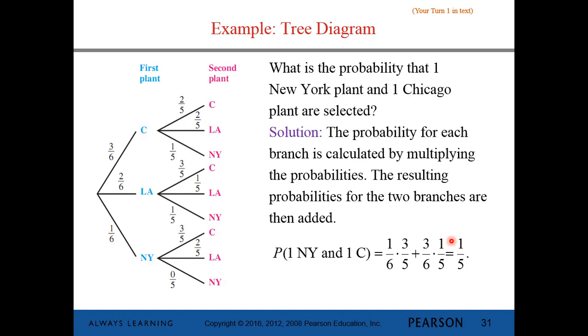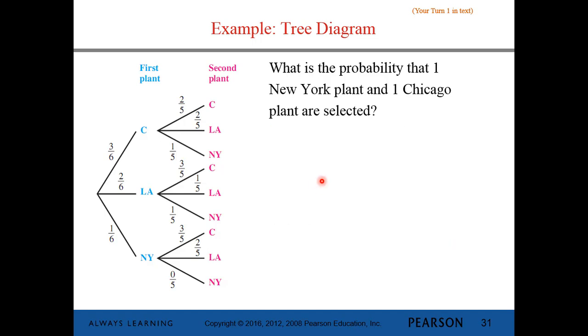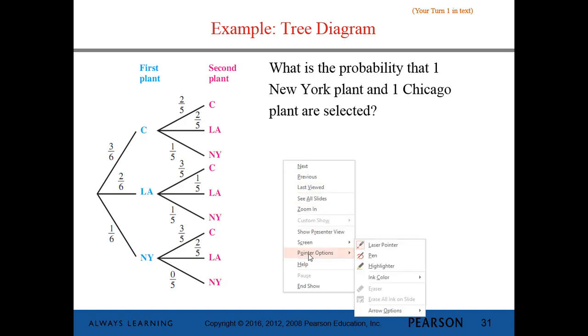Okay, but we could also have done this with combinations easily. So if we look at this, we could have set up our probability this way.